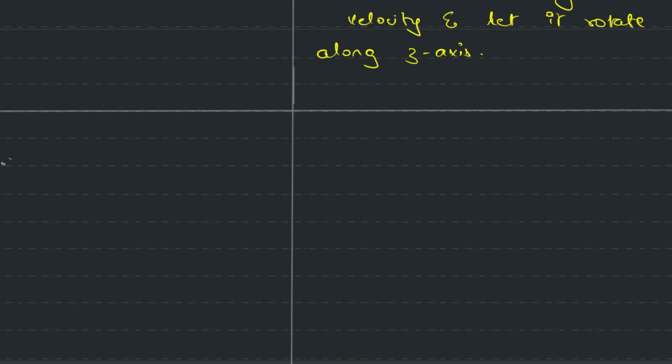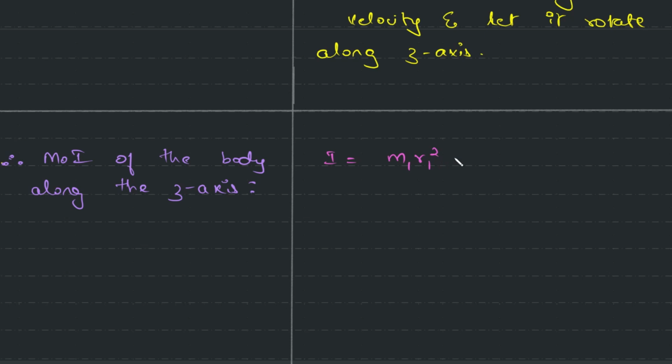Therefore, the moment of inertia of the body along, you can see the language I'm mentioning, with respect to what axis, because this was one of the factors as well, I will be equal to m1 r1 square, right?